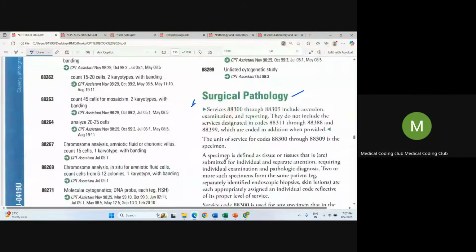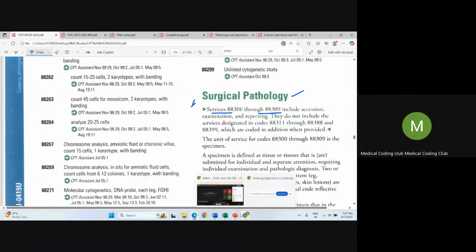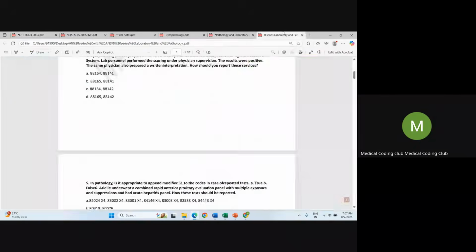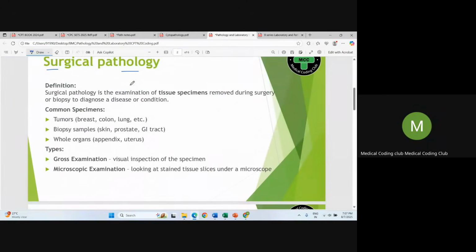So this concept says the code range is between 88300 to 88309. Okay, so we'll explain. You can see surgical pathology is an examination of tissue specimen removed during surgery or biopsy to diagnose the disease or condition.